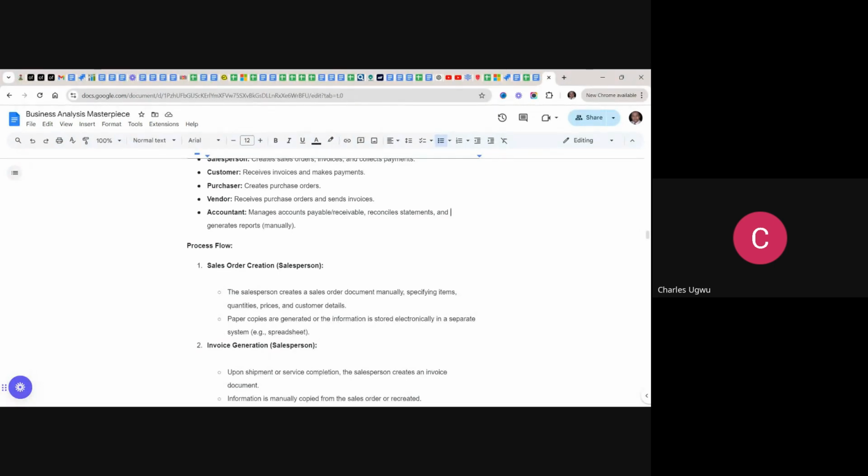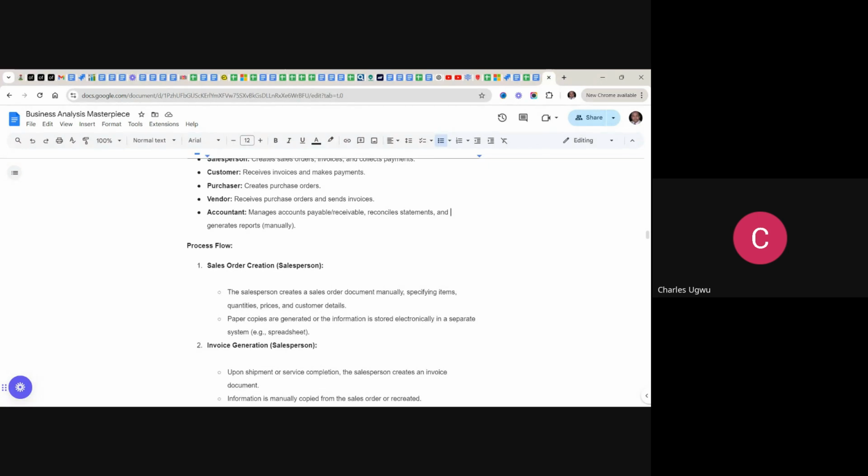Specified items, quantity, price, and the customer details. That is what the salesperson does. Then the paper copies are generated, or the information is stored electronically in a separate system, such as spreadsheet. So during the requirement gathering, this is what the salesperson is telling you they do.